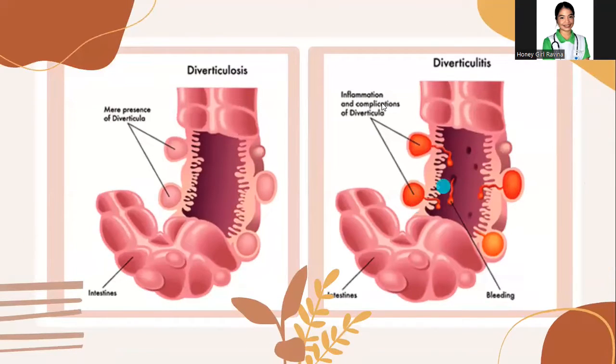So, this presents the difference of diverticulosis and diverticulitis. In diverticulosis, there is only a presence of diverticula in the intestines, while in diverticulitis, there are inflammations and complications of the diverticula and possibly bleeding. Now, let us move on to etiology.